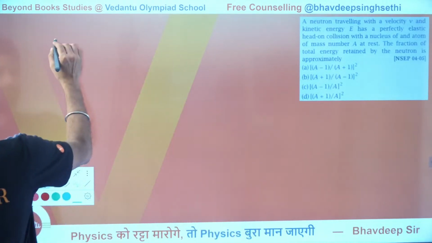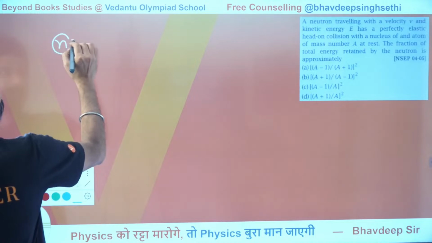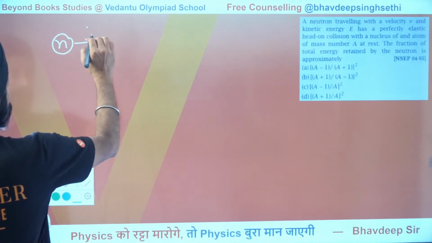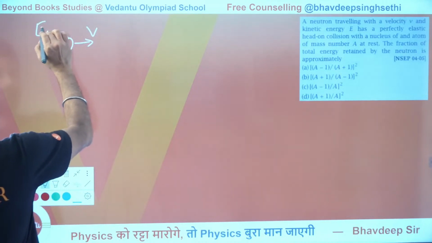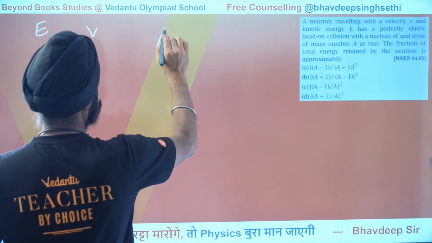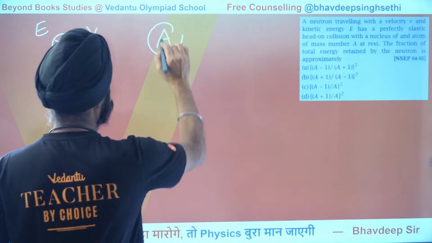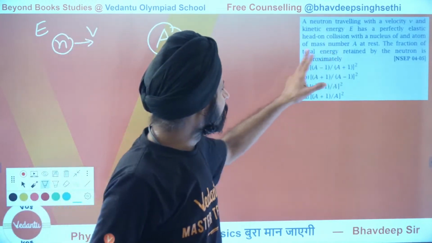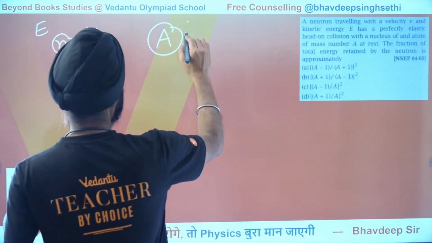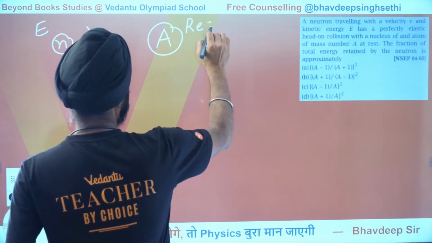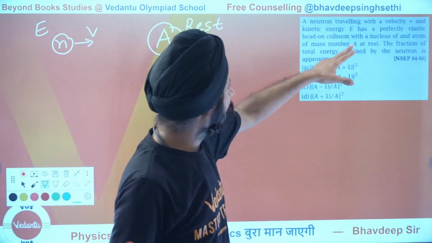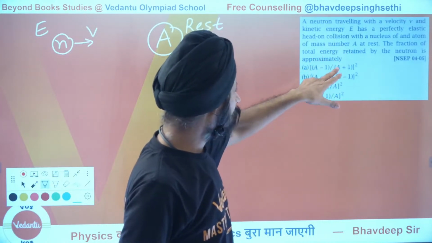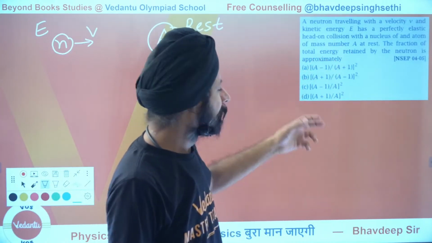There is a neutron here, moving with some velocity v, and it has energy E. Now there is an atom here with atomic mass A, and this is at rest. After the collision, which is perfectly elastic, the fraction of total energy retained by the neutron is approximately.